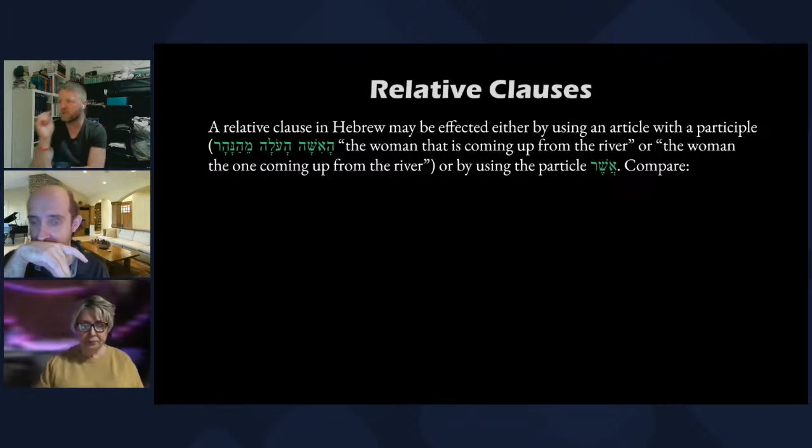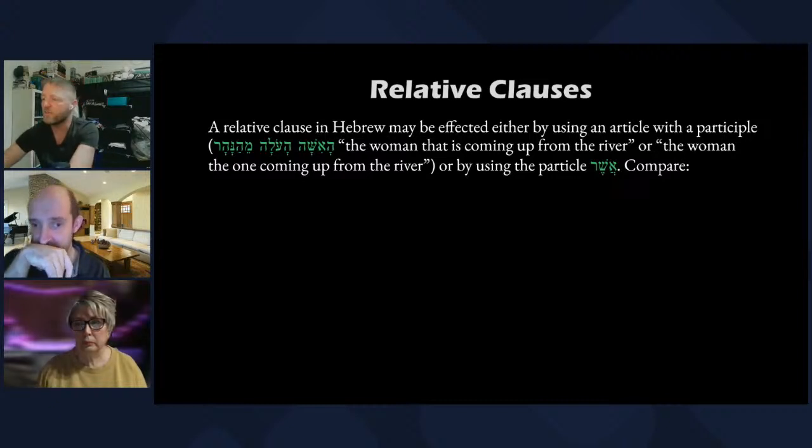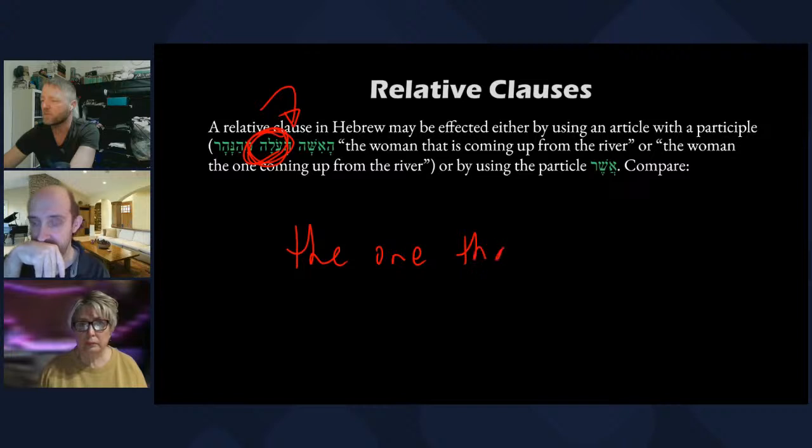Relative clauses. We're going to see that there are two kinds. One is what Jonathan was saying about our homework, that it says ha'olim imi, or ha'ish ha'ole iti. We can use a participle with the article to mean the one that, or the one who.